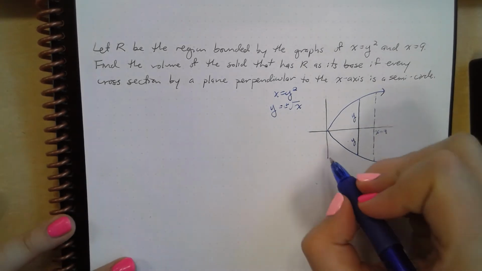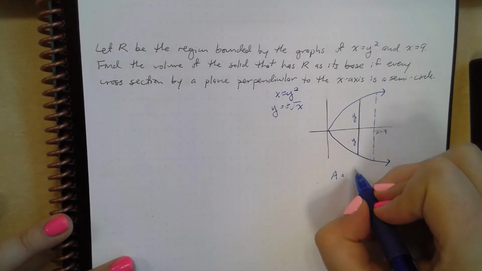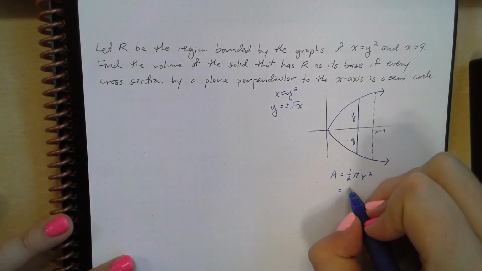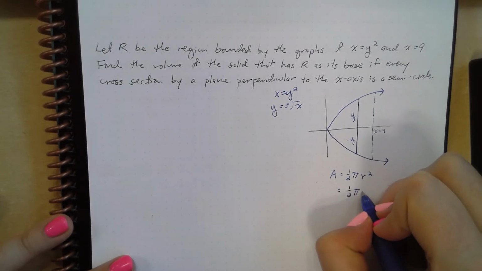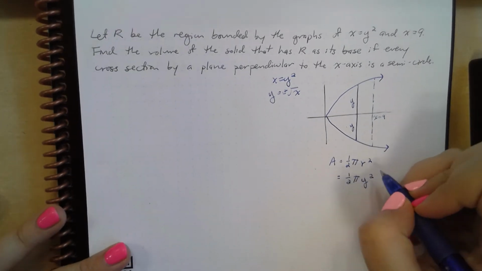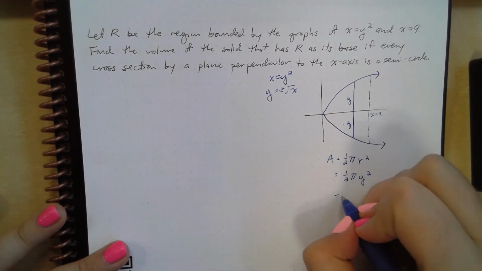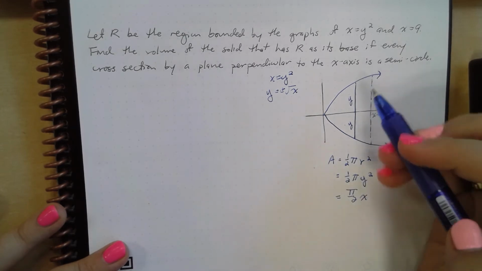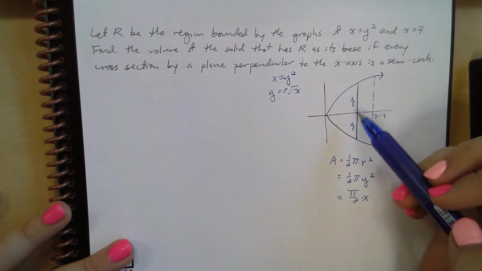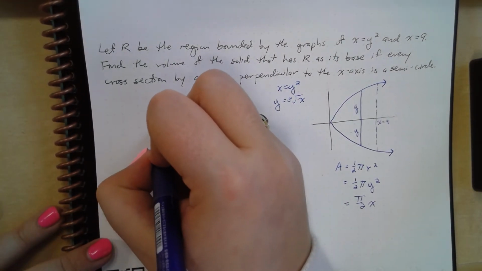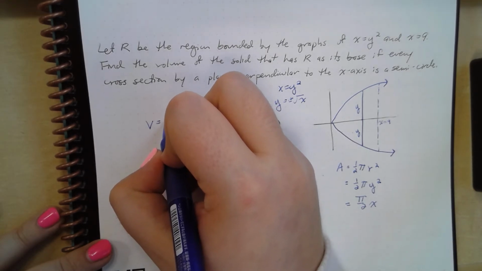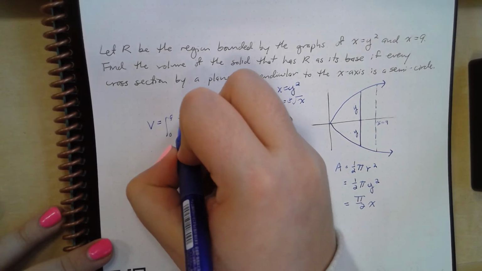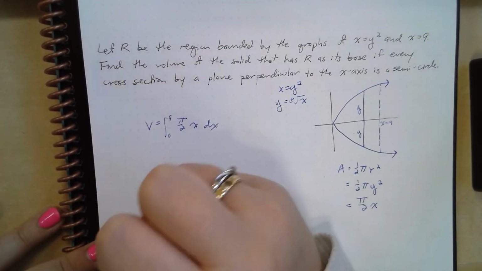So the area of our semicircle is equal to 1/2 times pi r squared. In this case, it's going to be 1/2 times pi times y squared. Well, y squared is just equal to x, so our area is equal to pi over 2 x. This is perpendicular to the x-axis, so I need to take this with respect to x. So our volume is equal to the integral from 0 to 9 of pi over 2 x dx.